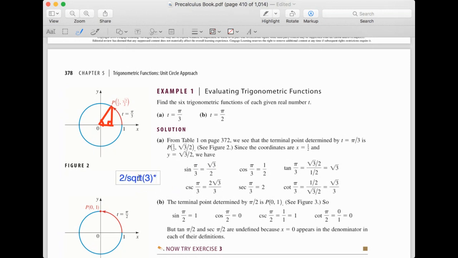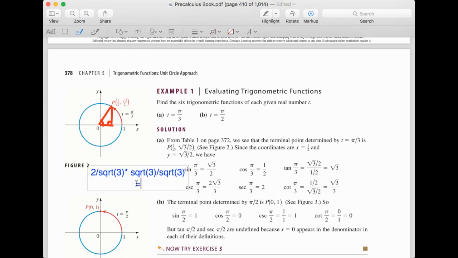But then we need to rationalize the denominator, because a square root of 3 in the denominator is considered not simplified. We wouldn't say 2 apples shared by square root of 3 people, right? So we want to rationalize the denominator. How do we rationalize? We multiply by 1, and this one is root 3 over root 3.